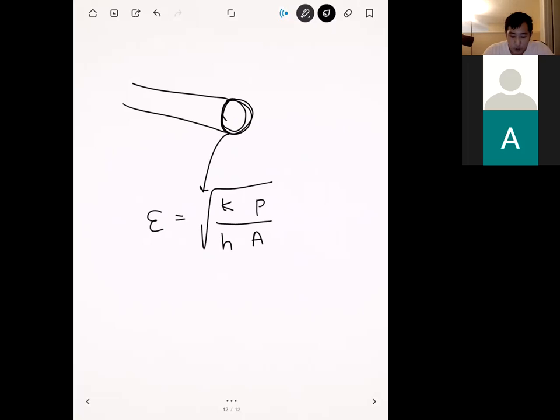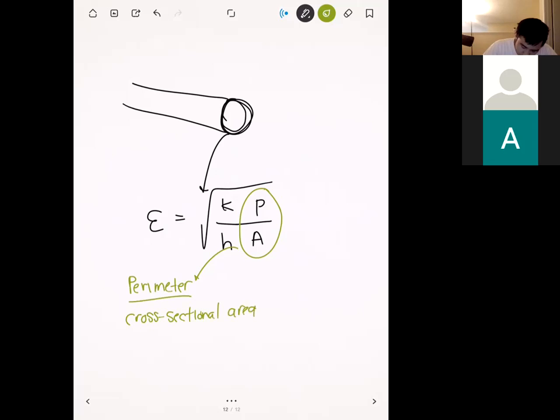In particular, I want you to pay attention to this quantity right here, which is the perimeter divided by the cross-sectional area. You can almost think of it like a ratio of perimeter to cross-sectional area.